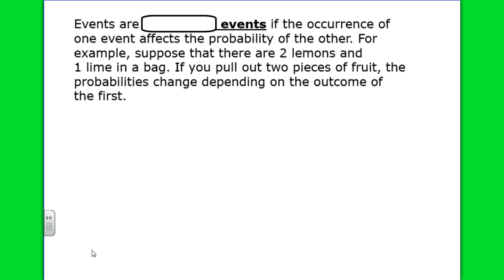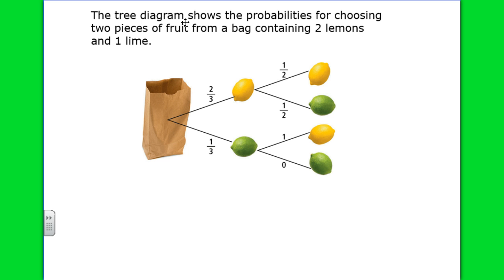If the occurrence of one event affects the probability of the other, these are dependent events. For example, suppose there are 2 lemons and 1 lime in a bag. If you pull out 2 pieces of fruit, the probabilities change depending on the outcome of the first piece that you draw out, right? And here's an image of that.